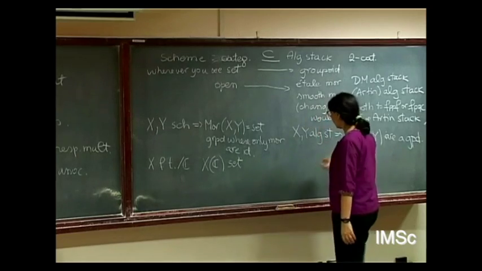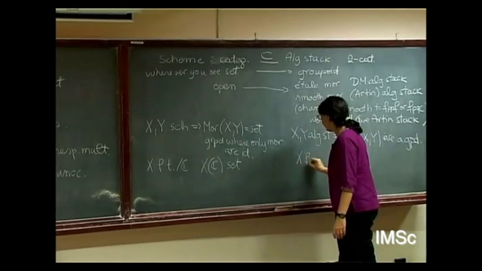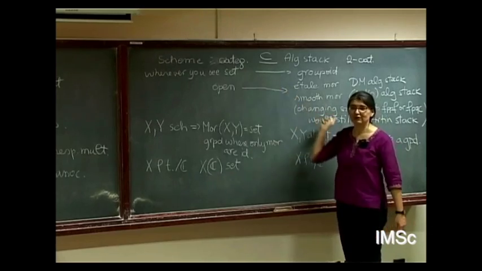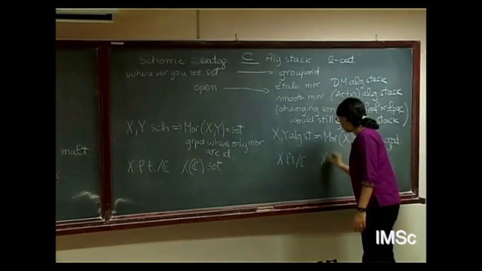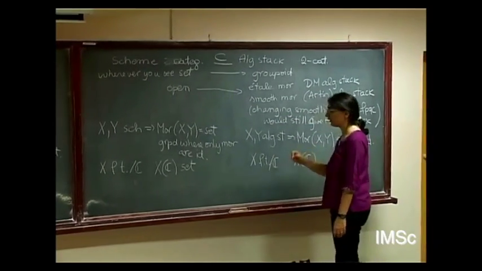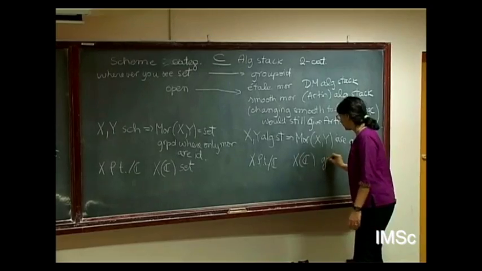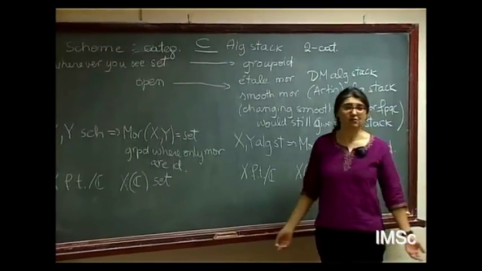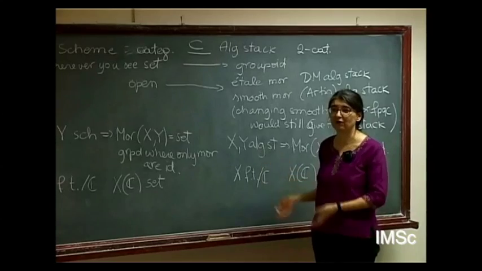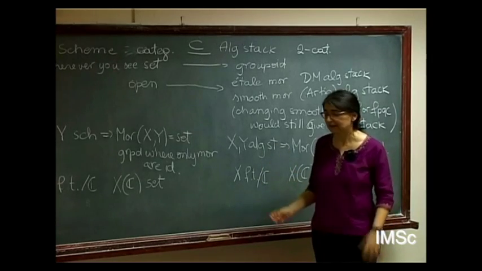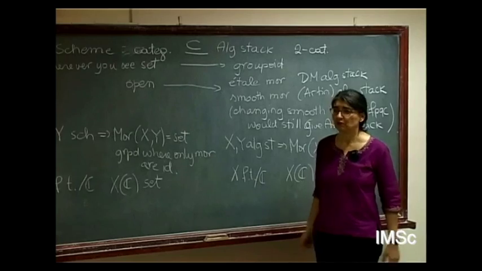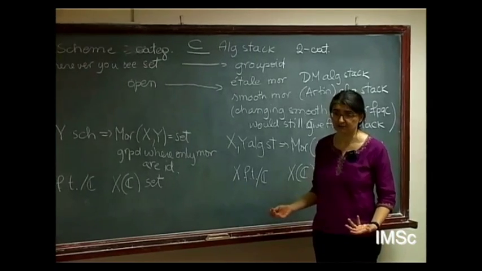And here, if you have an X of finite type over C, now I told you what the recipe is. X of C will not be a set, but it will be a groupoid. And of course, your question is, how do I give a topology on a groupoid? I don't really need a whole topology. What I really need is charts.